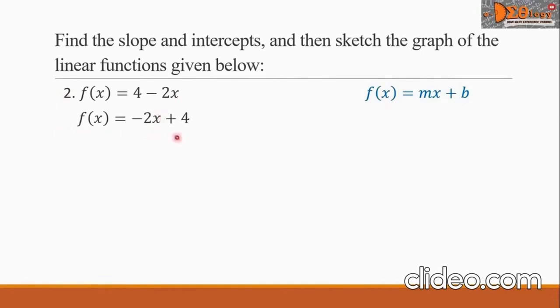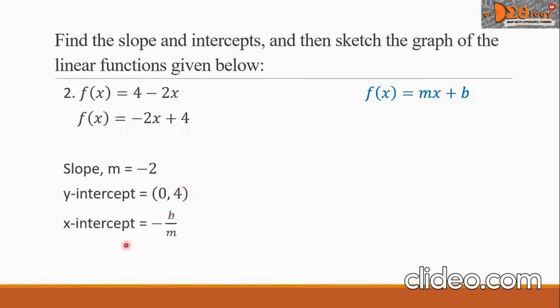And from here, we will collect now first the slope, and that is the coefficient of the x, which is negative 2. Next is the y-intercept with coordinates 0, 4. You can see I copy directly the constant in the function, and it is written here.